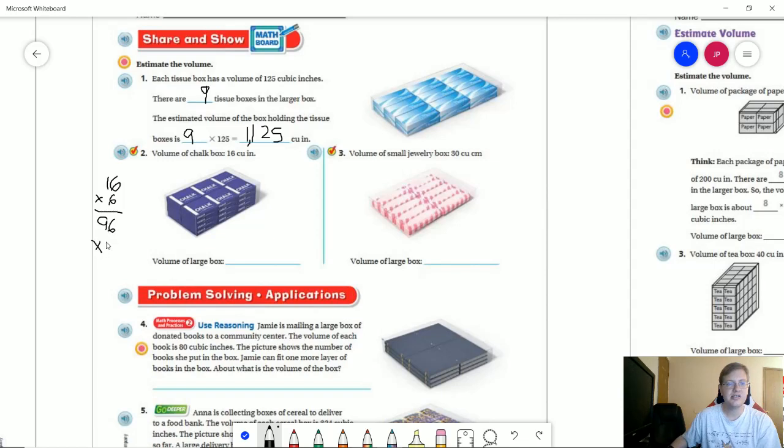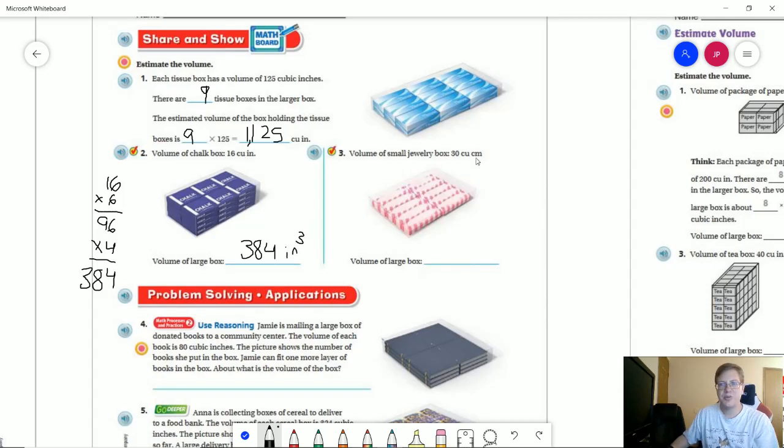Then do 96 times 4. And that is going to give us 384, I believe. And we are looking for cubic inches. And so you could write it this way, or you can also do it this way.